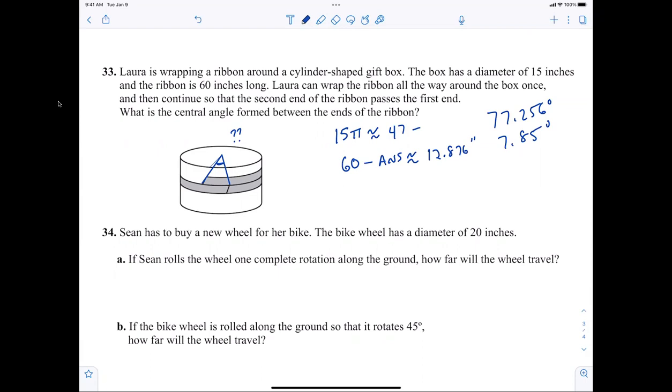All right, so that 12.876 represents what fractional part of the circumference? Does everybody agree with that? So let me explain. I'll do a better job. Look, if I start here and I wrap myself all the way around and stopped right there, that would be how much?